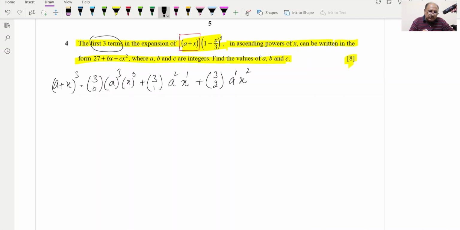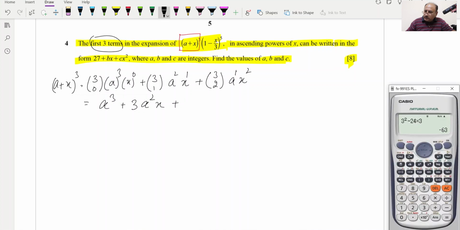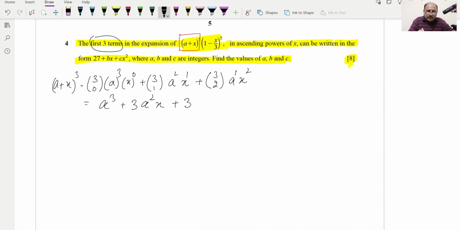So these are three terms which we can rewrite as a cube, since 3c0 is 1 and x raised to 0 is 1, so it will be only a cubed, plus 3c1 is 3, so 3a squared x, and plus 3c2 is 3, so we can write here 3ax squared. So these will be the three terms of expansion.